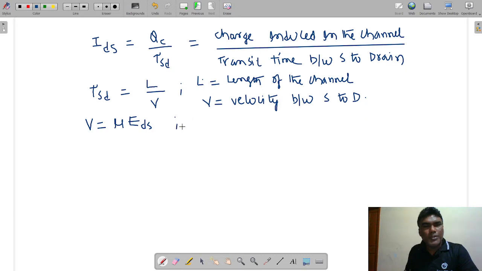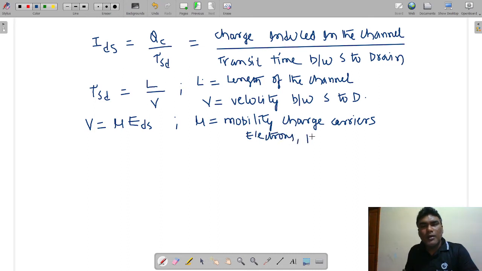Where mu is the mobility of charge carriers, electrons and holes. Electrons in NMOS and holes in PMOS are the charge carriers moving from source to drain.